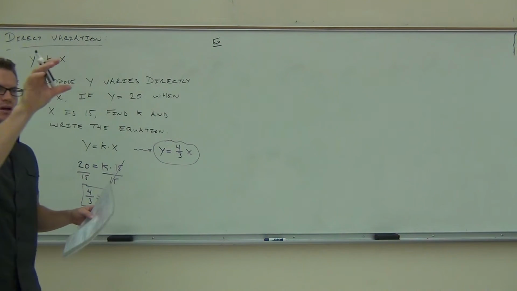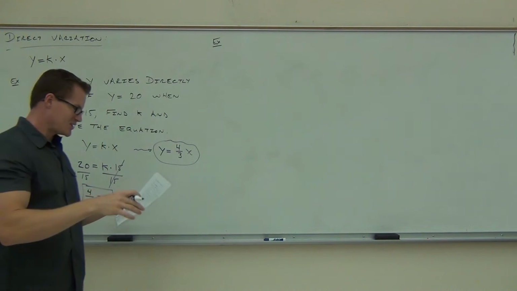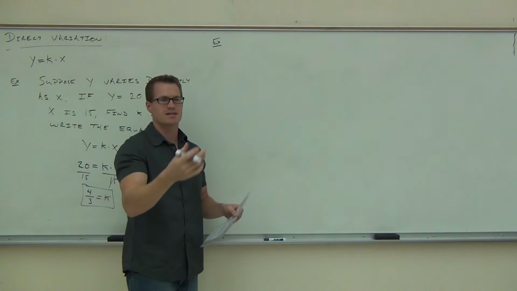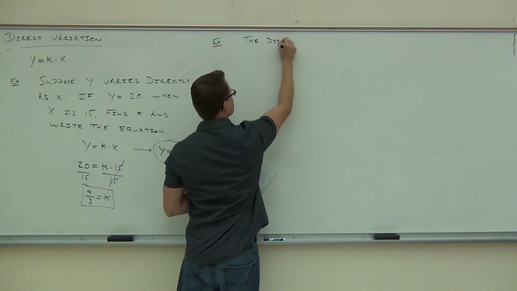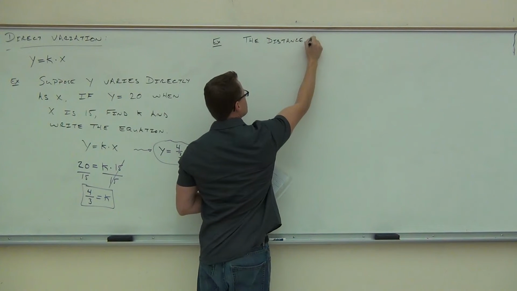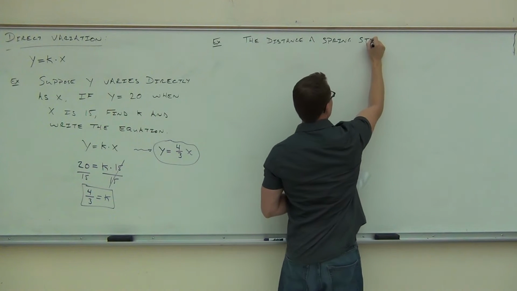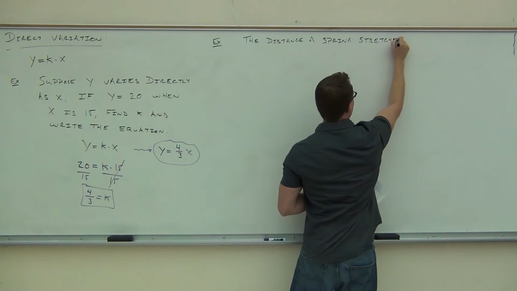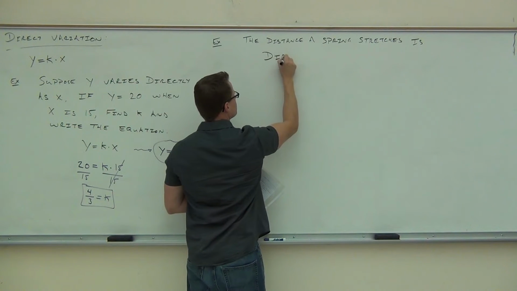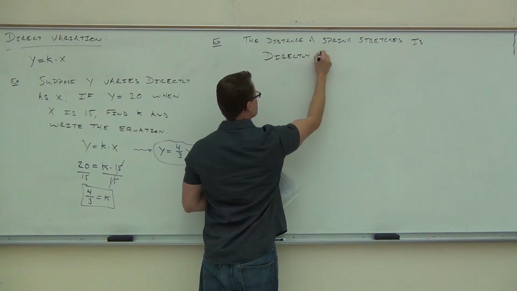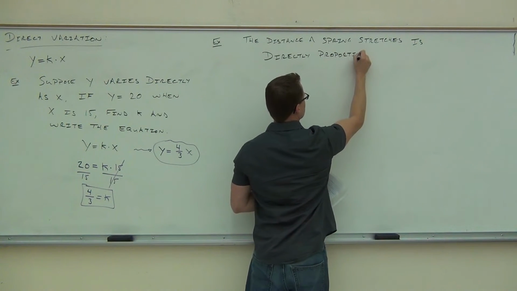The distance a spring stretches, that's going to be a tongue twister the whole day. The distance a spring stretches is directly proportional to the weight that's attached to it. Wait a minute, directly proportional?